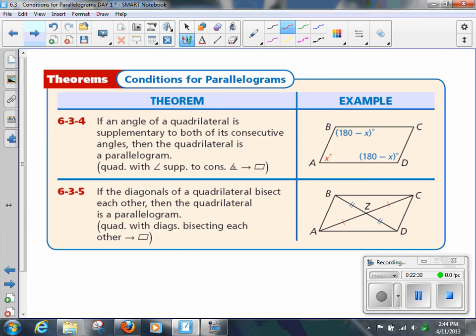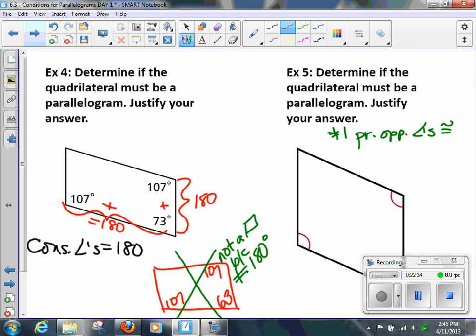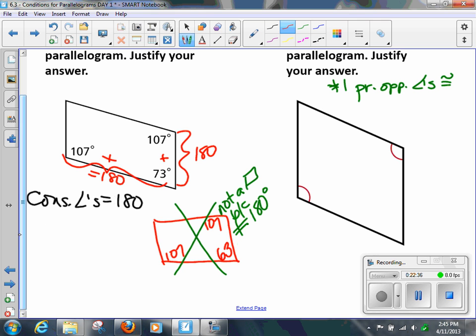Go back to that problem. Do we need to be circling? I might would. We only have 1 pair marked congruent. Do I have enough information to prove that quadrilateral is a parallelogram? I do not have enough information.